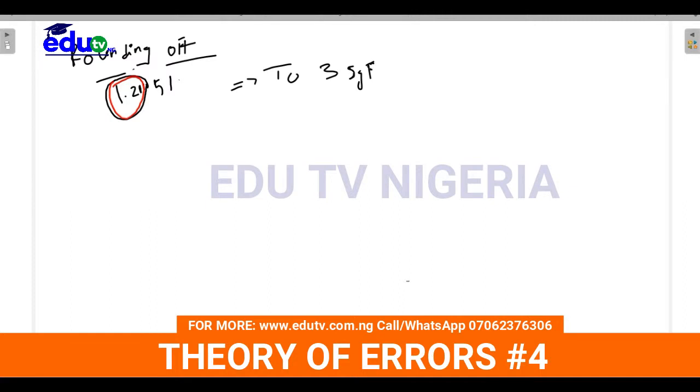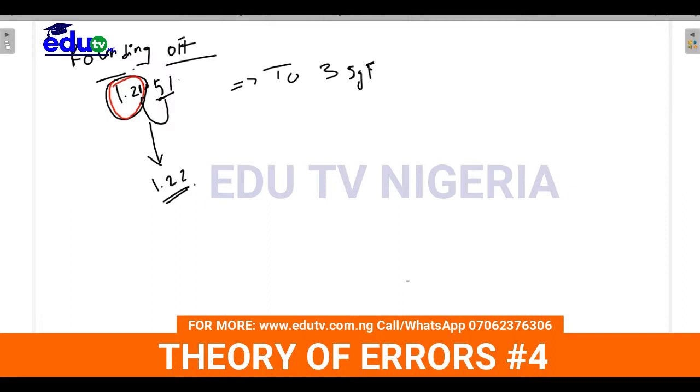If this digit is 5, and we need to round it off to three significant figures, like we're drawing a mechanism, now this number is even, so we add 1 to this place. All right, so we get 1.22.